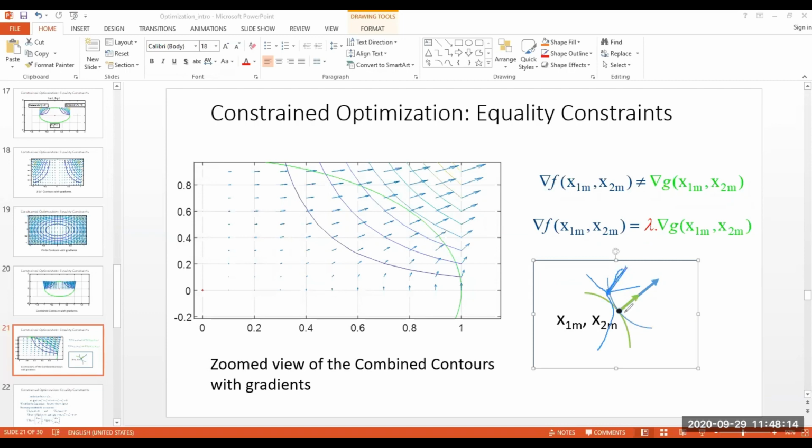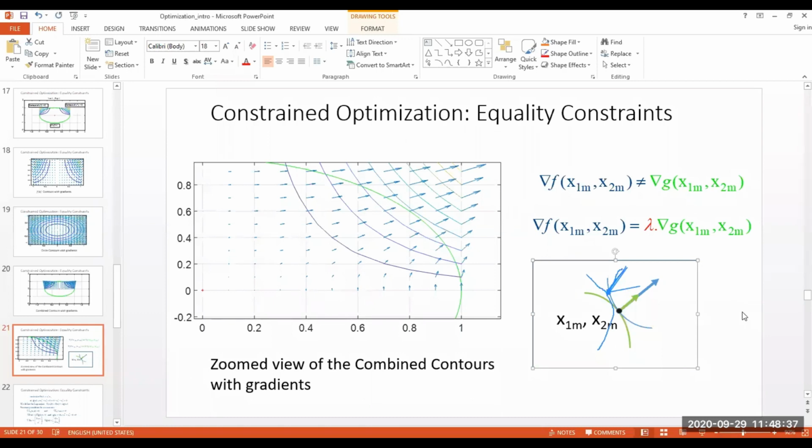To understand this, you have to look at the condition. For satisfying the optimum point, the first order optimality condition says that there has to be a gradient on each of the curves simultaneously. That condition is mathematically mentioned here.